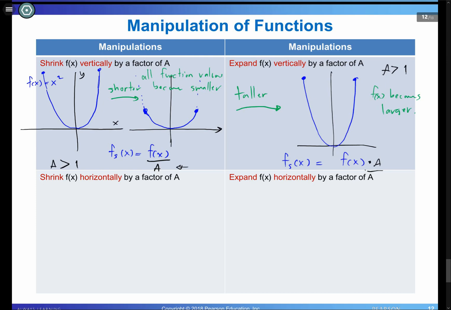What is that? Shrinking horizontally means that we are going to shrink the original parabola to be thinner. So this time, we are going to make it thinner. It's going to be something like this. Make it thinner.